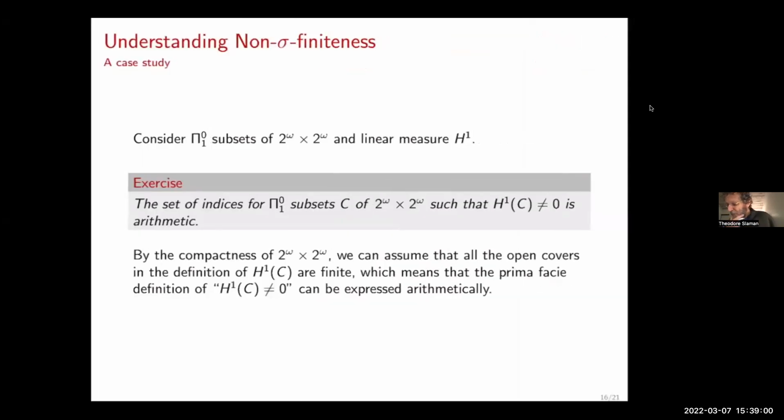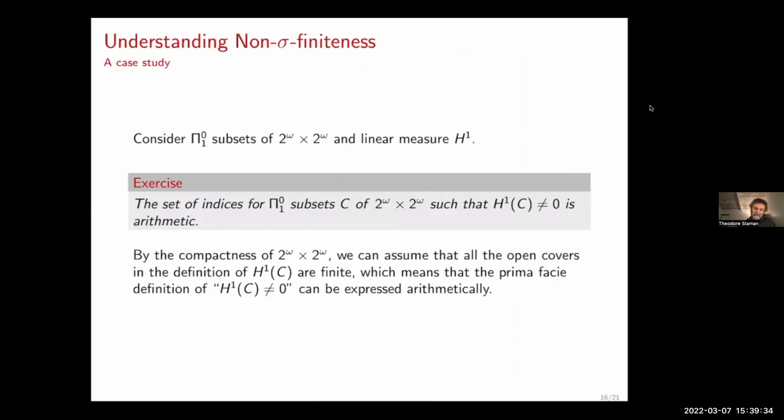Now, if you look at the problem of having non-zero, or related, having infinite measure, then telling whether a Pi01 set has non-zero measure is an arithmetic property. You can use the compactness of this situation to give a fairly accessible understanding of it.